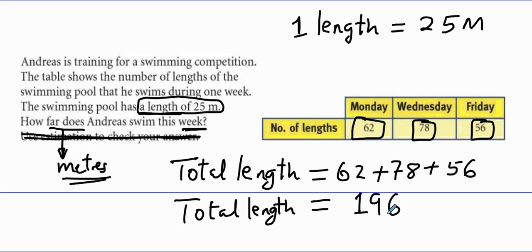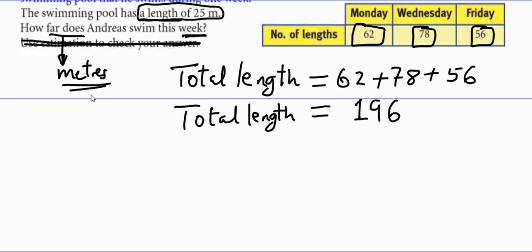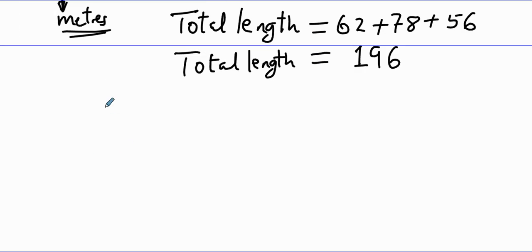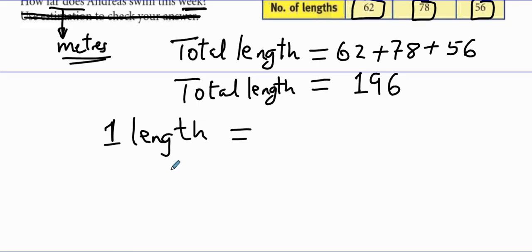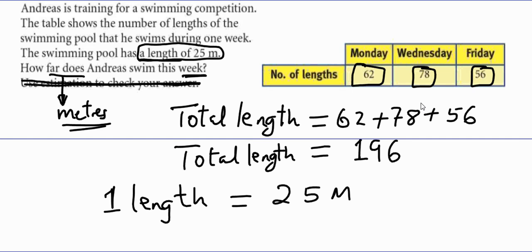Now the question is how far. We want the distance. Remember the discussion: one length of the swimming pool equals 25 meters.